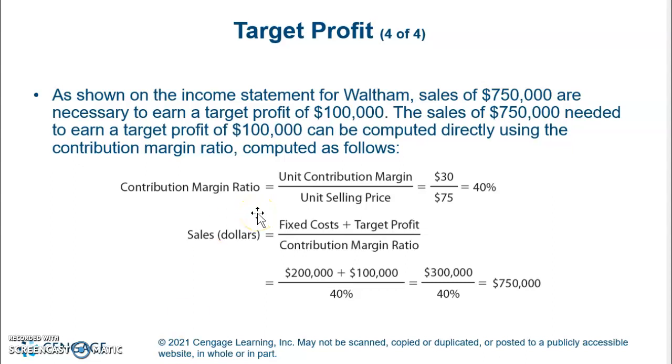So we can do this for our contribution margin approach and our contribution margin ratio approach, but we're adding 100,000 in there, and we can see here that we would need 750,000 of sales to get our target profit of 100,000.